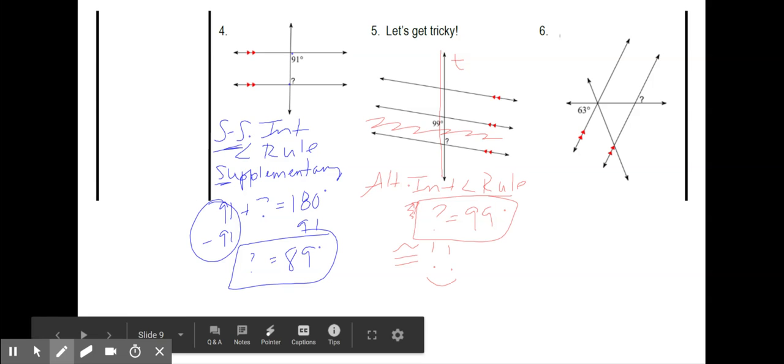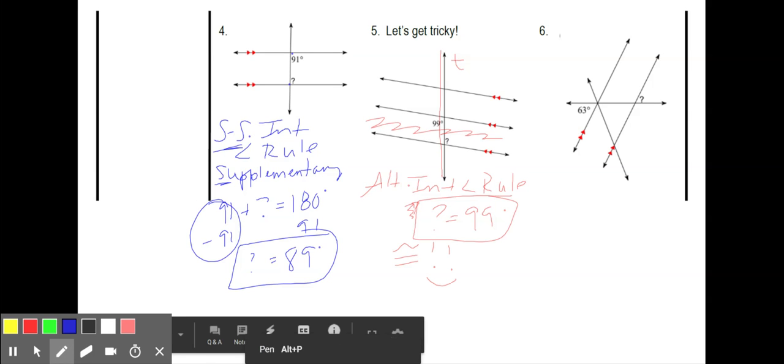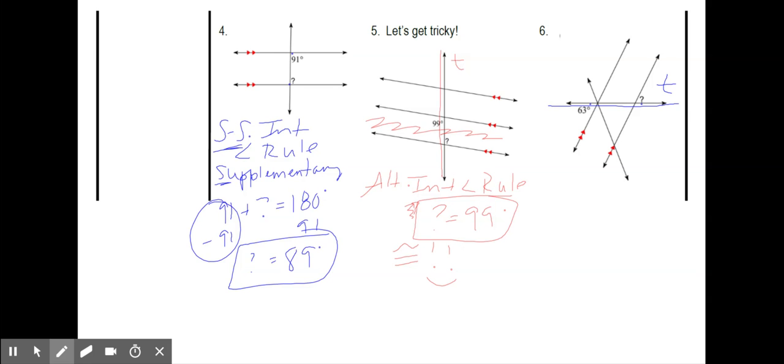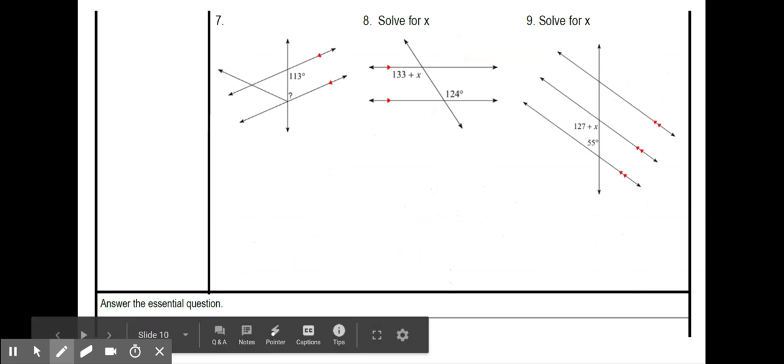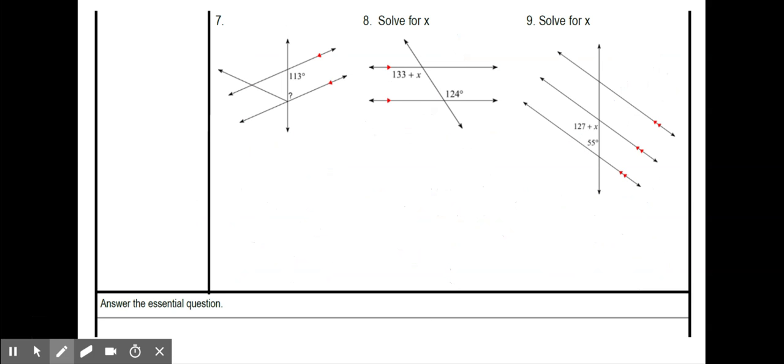Yay! All right, tricky again. So find my transversal. It's going to touch both angles. There's my parallel line, so that would be my inside. So I have alternate exterior angle rule, which means that they are congruent. So question mark is going to be equal to 63 degrees. All right, 3 left. Here we go. So, there's a triangle in there.